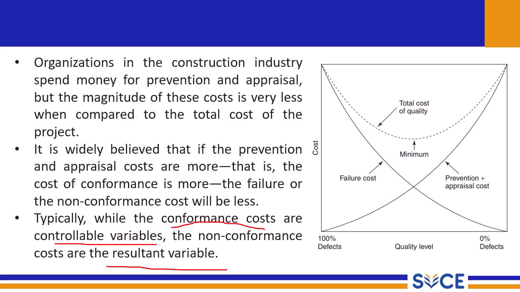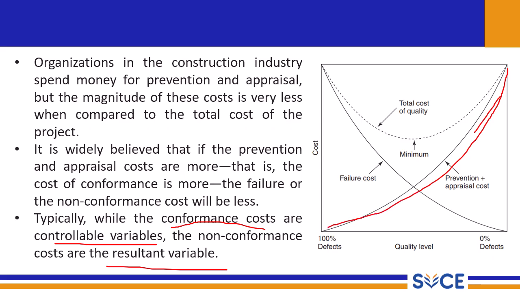Whenever the defects are decreasing, whenever you spend money on prevention and appraisal cost, the defects will be very low. That is zero defects, and the cost of spending money will be more. That is why the curve is like this.